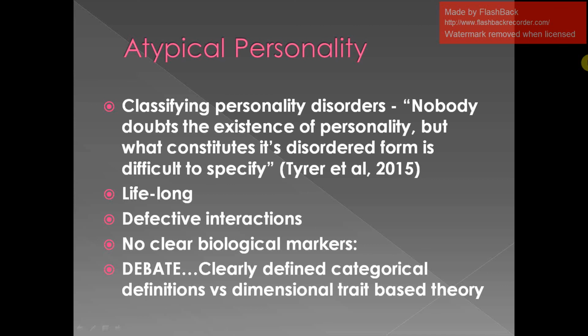There's also a debate about whether personality traits should have clearly defined categorical definitions or a dimensional trait-based theory. Should traits be placed in distinct categories and classified as either present or absent, or is there a continuum on which an individual can have various levels of an atypical characteristic?